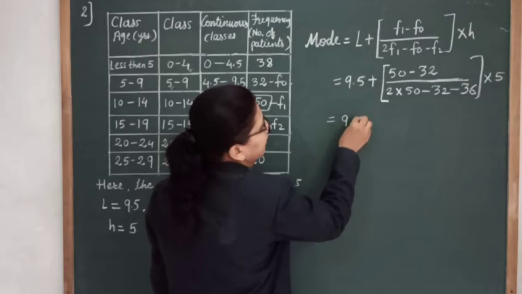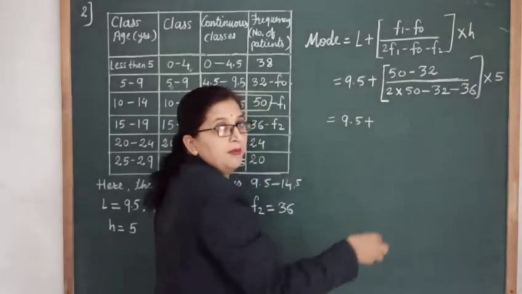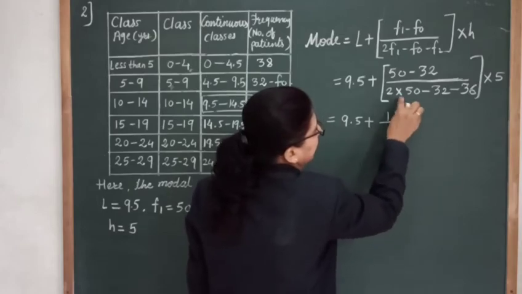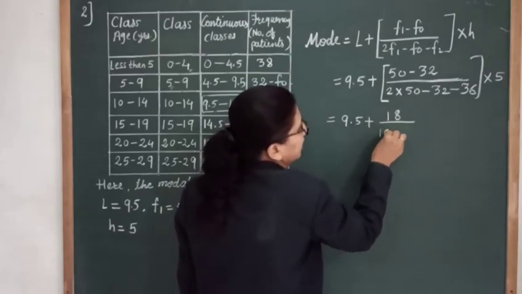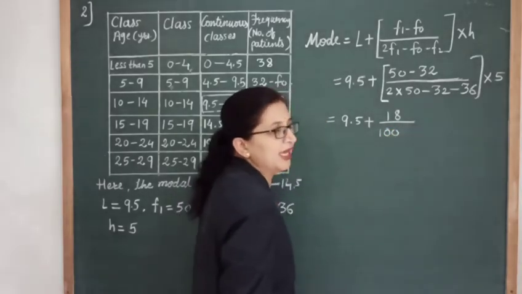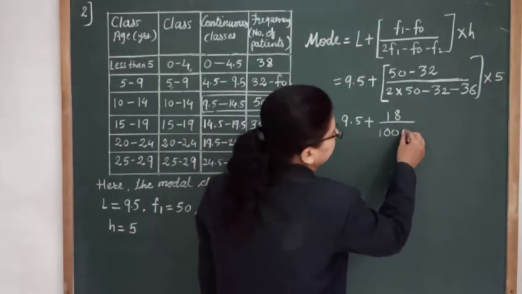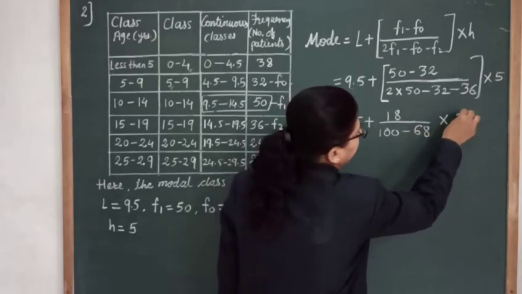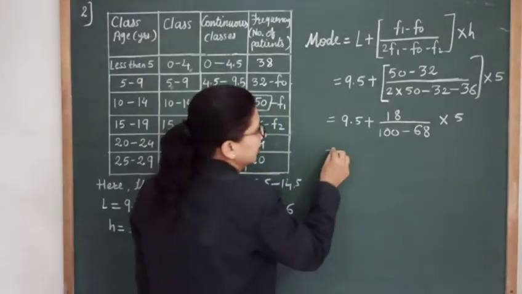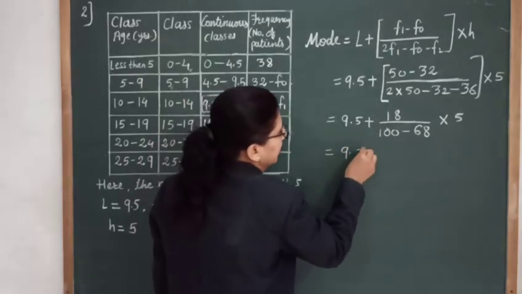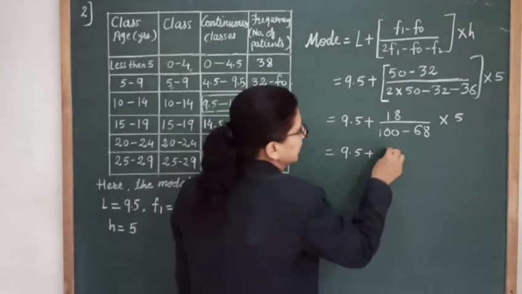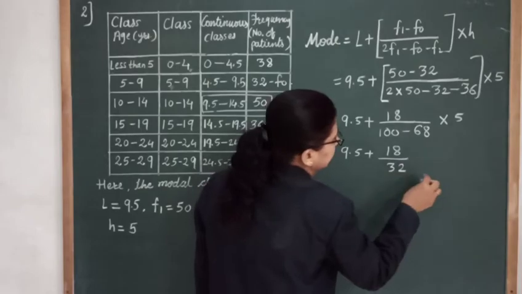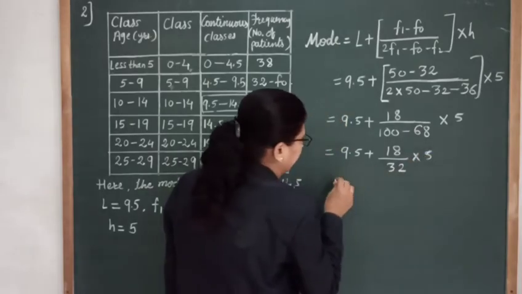So 9.5 plus, now let's solve this bracket. So here 50 minus 32, that is 18 upon 2 times 50 is 100. Then both are negative, same sign addition. So it will be 68 multiplied by 5. Okay, now let's do this. 9.5 plus 18 upon 32 multiplied by 5. Okay.